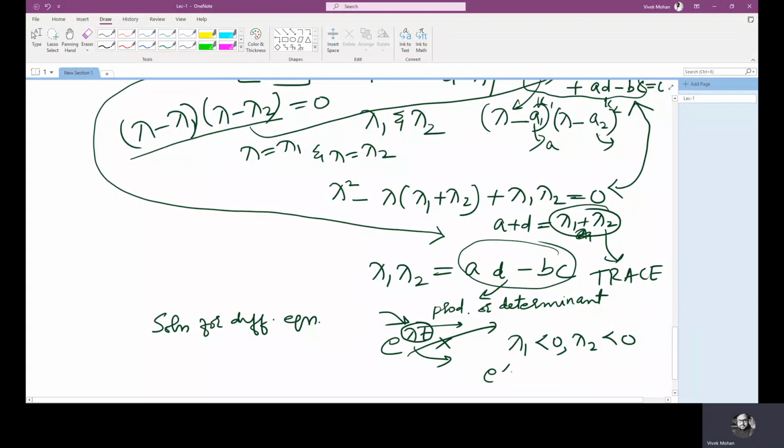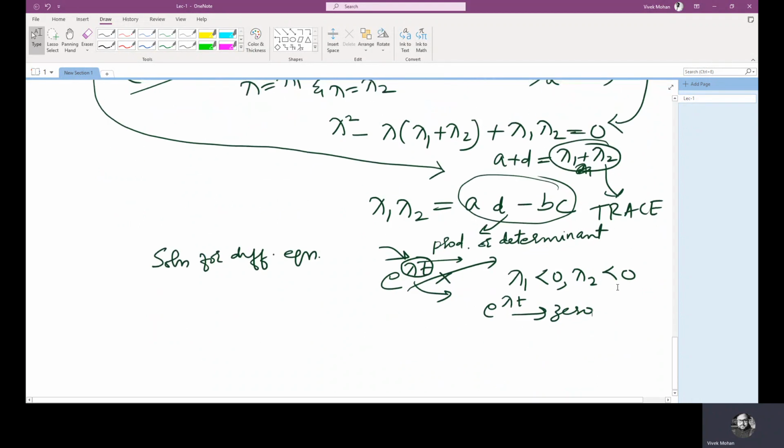E raised to lambda t will tend to 0 when lambda 1 is less than 0 and lambda 2 is less than 0. This is when lambda is a real number. If it is a 2 by 2 matrix, two real eigenvalues will be there, lambda 1 and lambda 2. The condition for stability can be lambda 1 less than 0 and lambda 2 less than 0 because it will exponentially decay to 0.